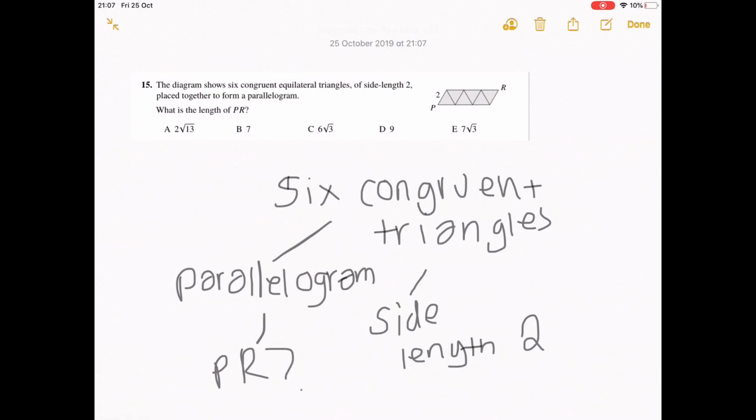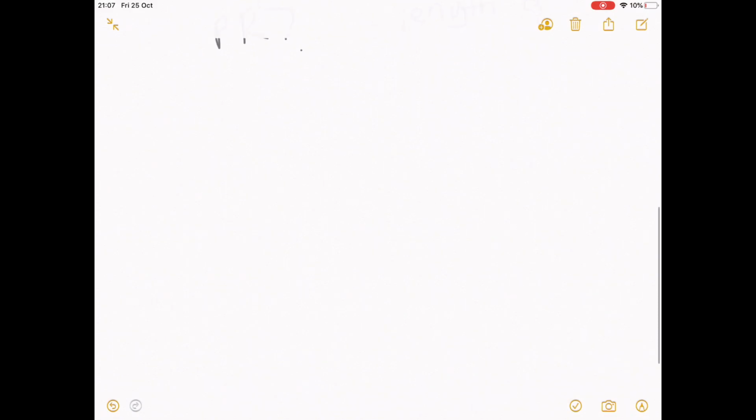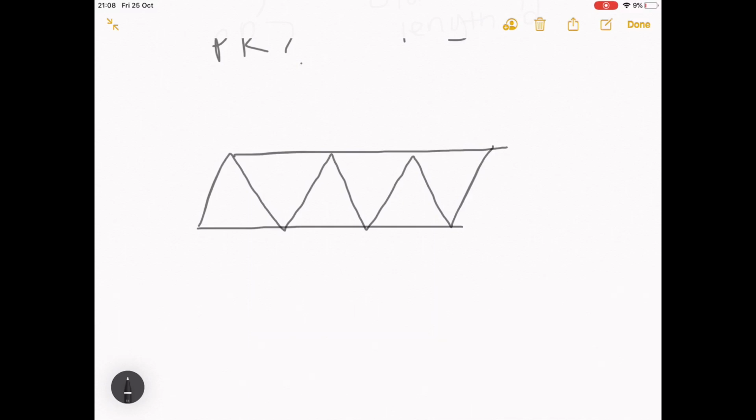So we can continue by drawing this triangle again, basically. So we've got 1, 2, 3, 4, 5, 6. And then we've got a P and we've got an R. And because we know the sides are 2, and because we know they're congruent triangles, those mean same triangles, we can know that all the sides are the same.